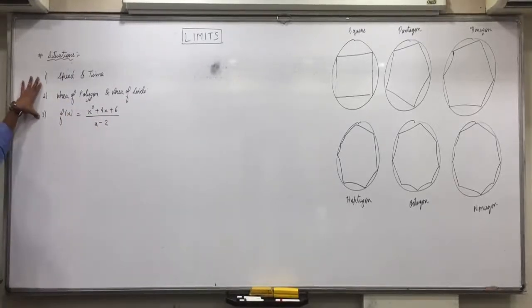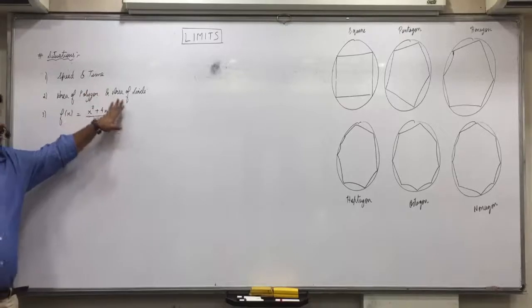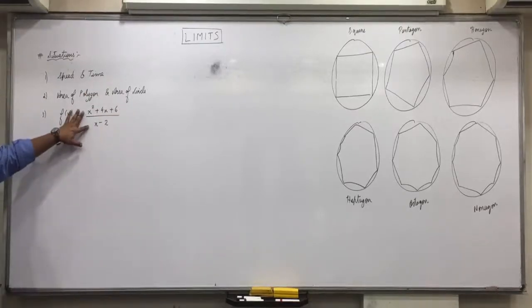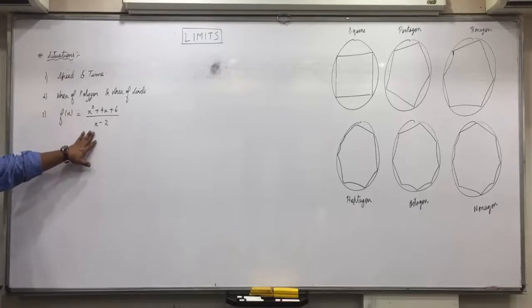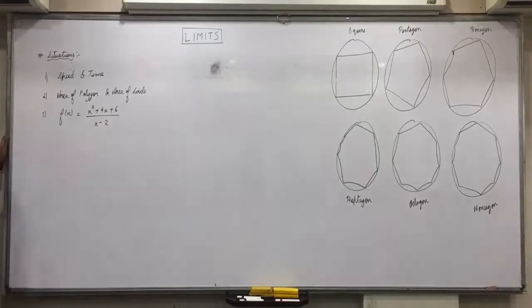Like all these three situations which I described: the value of the function time, the value of the function area of a circle, and the value of the function x square plus 4x plus 6 upon x minus 2. In certain situations it is indeterminate. In such situations limit is used to find the approximate value of the function.